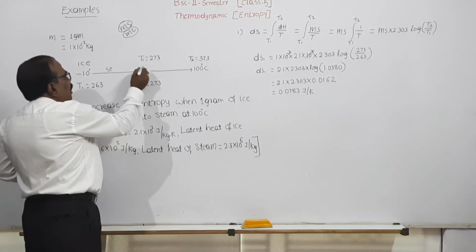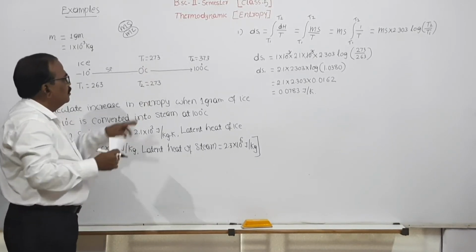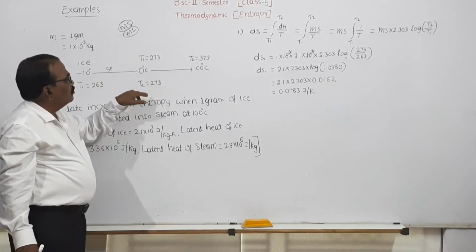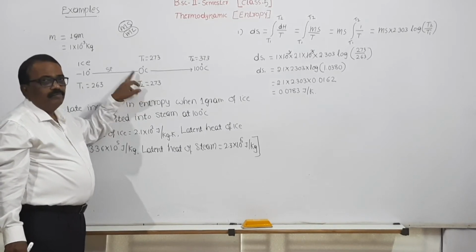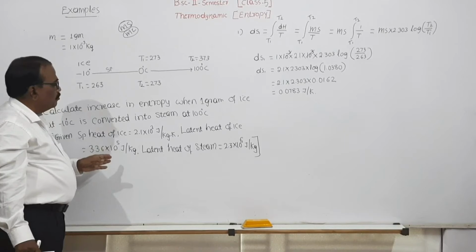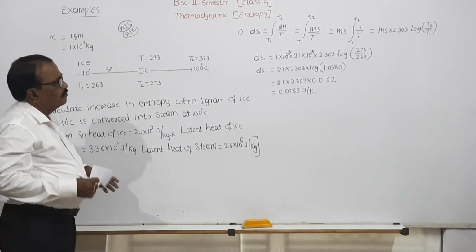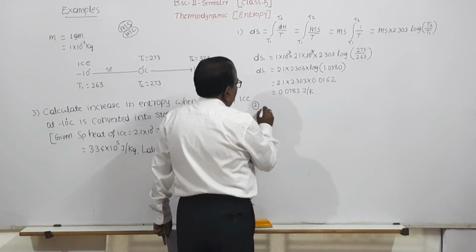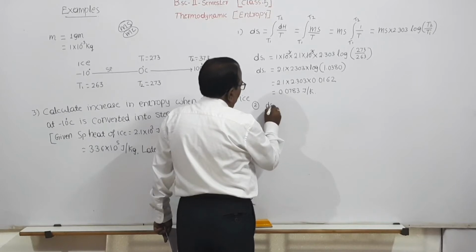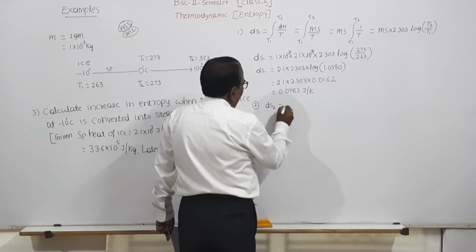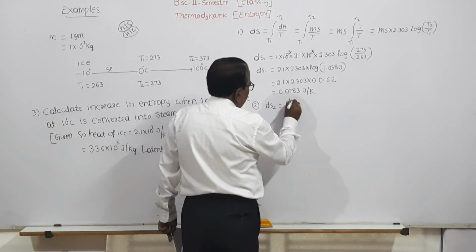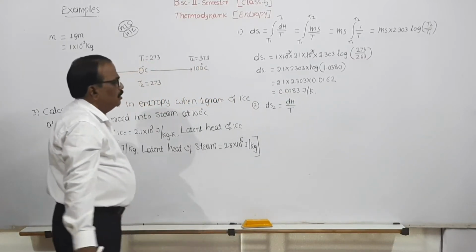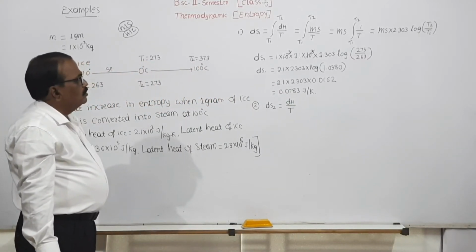Now at this constant temperature 273, the entire ice is converted into water. Then you have to consider here the latent heat of ice. Then in the second case, the change in entropy, that is dS2, is equal to, since the temperature is constant, there are no two temperatures, dH upon T. So what is this dH?